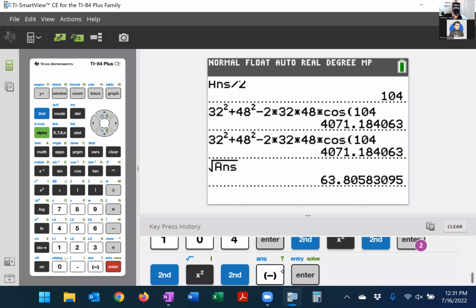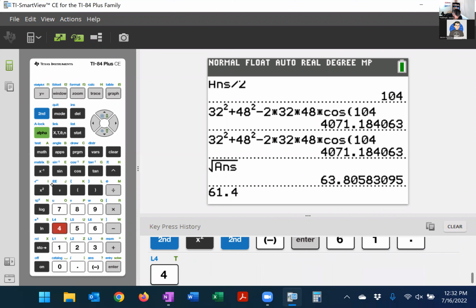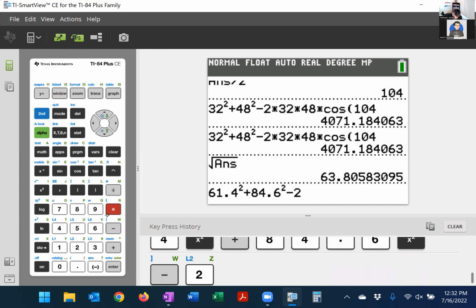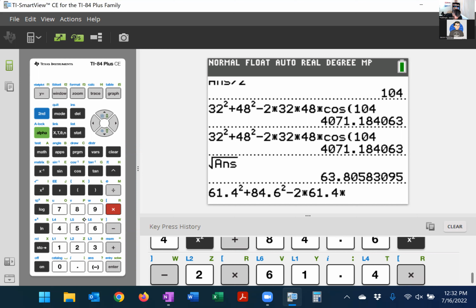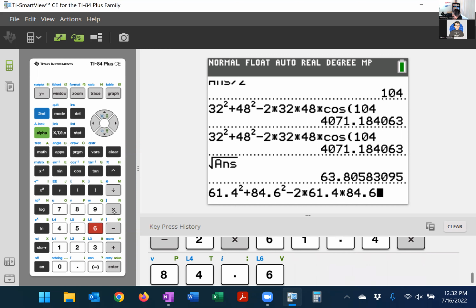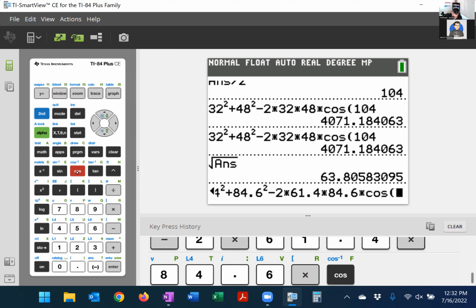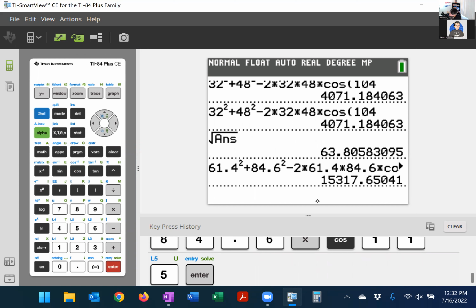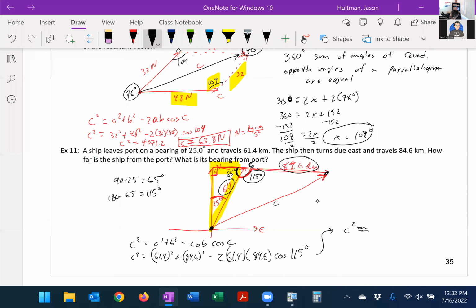Let's plug this into the calculator. 61.4 squared plus 84.6 squared minus 2 times 61.4 times 84.6 times the cosine of 115. Okay, and I get about 15,317.65.